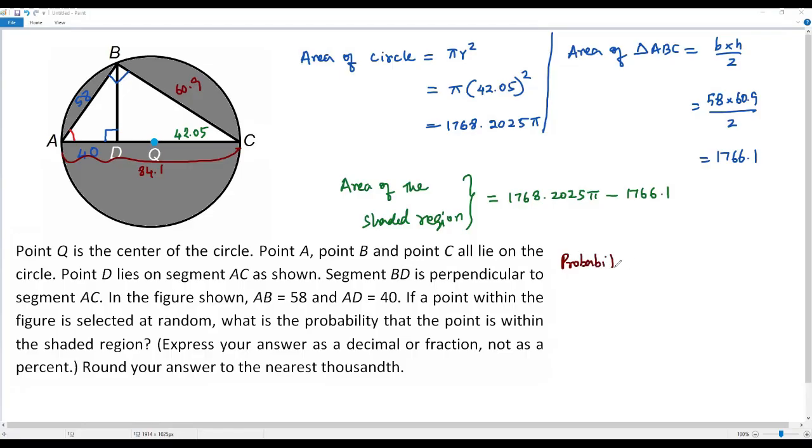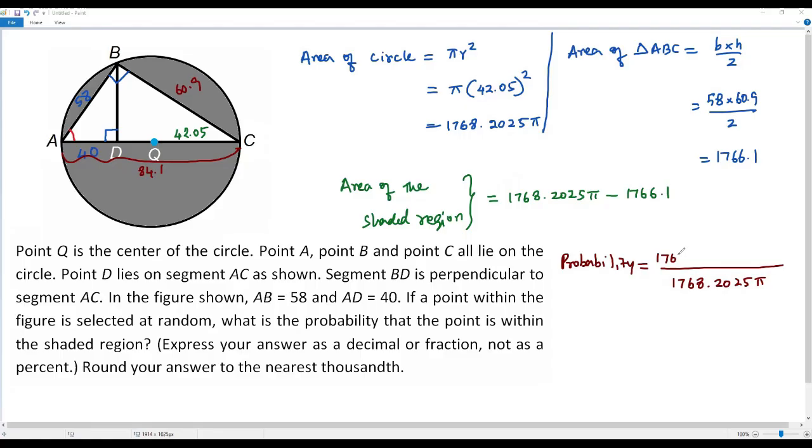To get the required probability, we have to write the sample space in denominator, that is the area of the given figure or area of the circle. We got it already, that is 1768.2025 pi. In numerator, we have to write the stuff for which we need the probability. We have to find the probability that the point is within the shaded region. So we have to write the area of the shaded region in numerator. Already we got that. Let me write this stuff here in numerator.